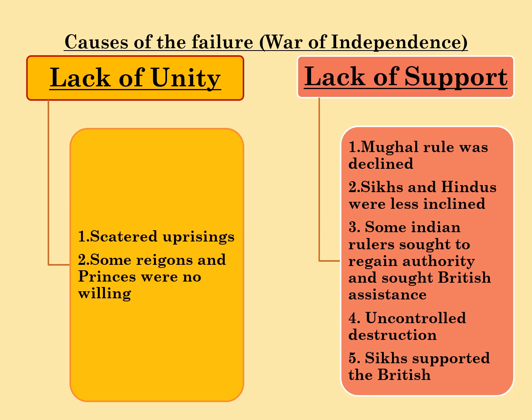Certain Indian rulers sought to regain authority and sought British assistance, and uncontrolled vandalism during the conflict alienated the local people, reducing the support for the rebels and strengthening the British authority. Although Sikhs avoided direct involvement in the conflict, they provided substantial aid to the British.